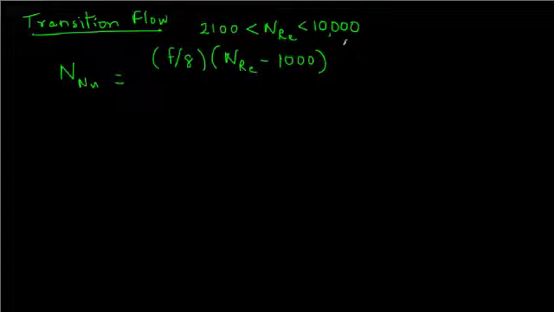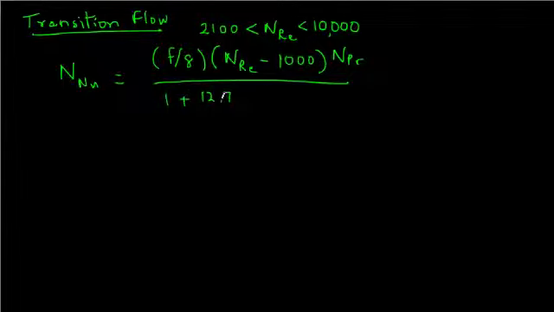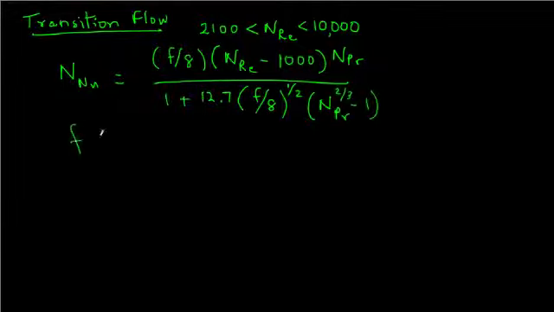times Prandtl number, and then in the denominator 1 plus 12.7 f over 8 raised to power 1 over 2 and Prandtl number raised to power 2 over 3 minus 1. And f is the friction factor.